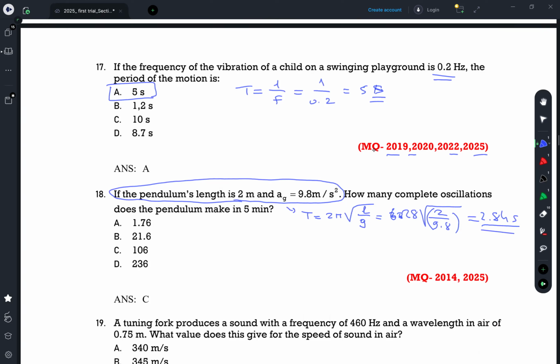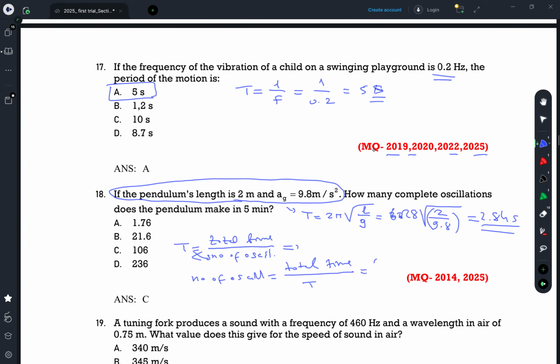Now I'm going to use the common definition of the period. Period is equal to total time divided by number of oscillations. So I will calculate how many complete oscillations it makes in 5 minutes. Cross product. The number of oscillations is going to be total time divided by period.